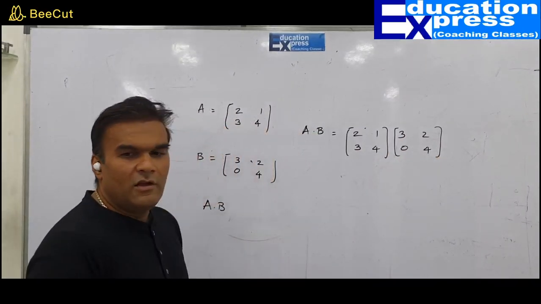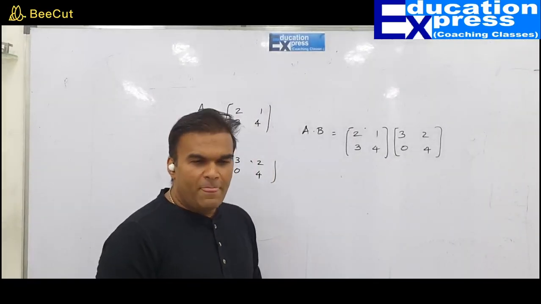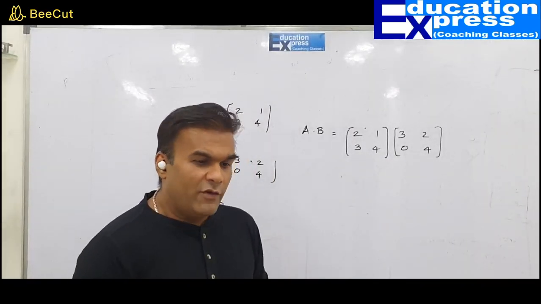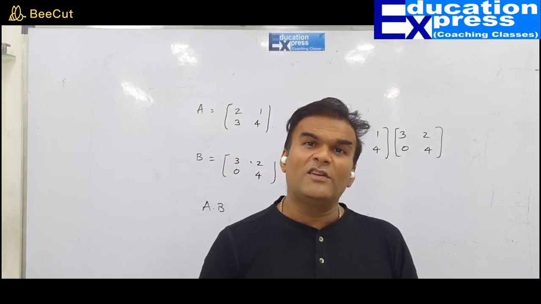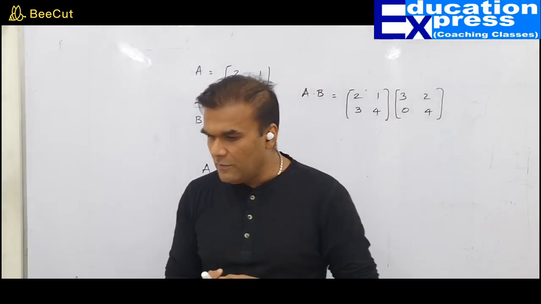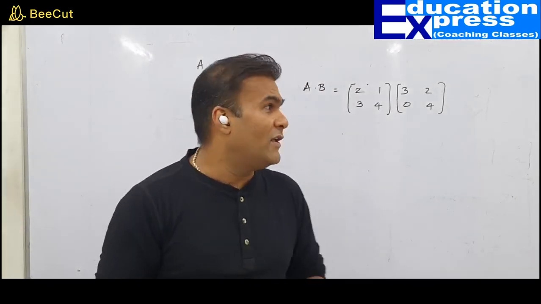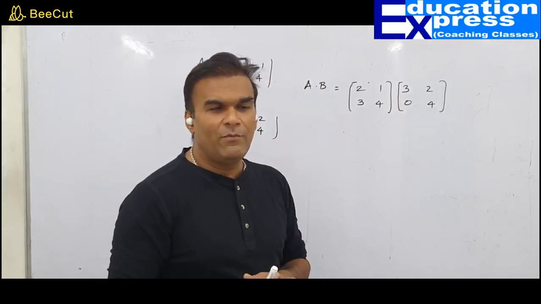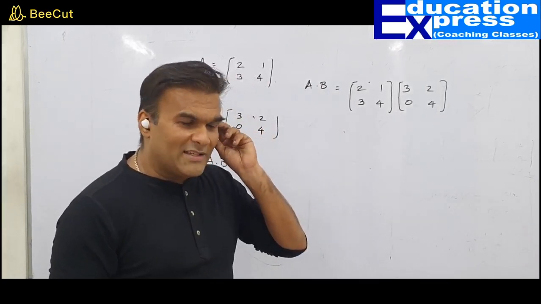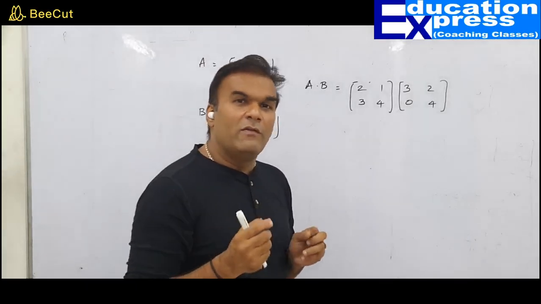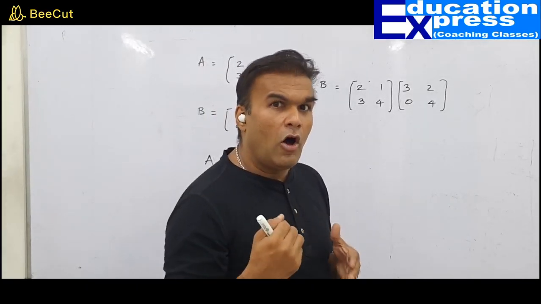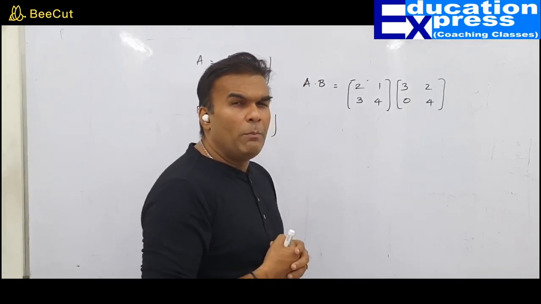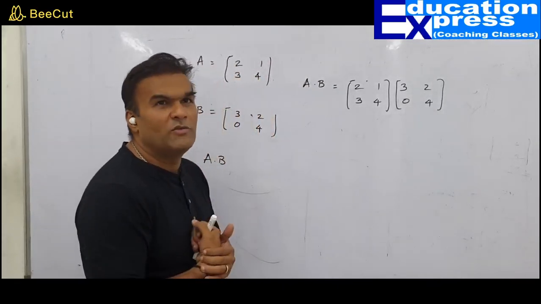So done, sir? Done means it's not done. We have simply substituted. We don't know whether this product is possible or not. To find out whether AB will exist or not, we have to perform one small test, one small observation. So pay attention.